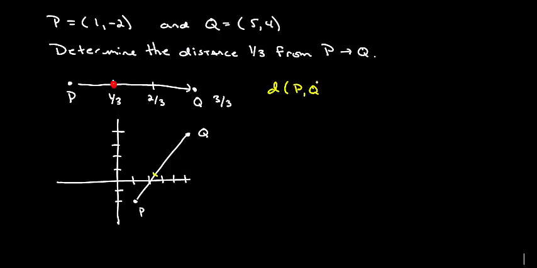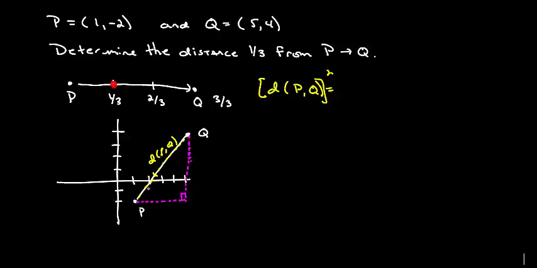Okay, so the distance between P and Q is given by, it's really the Pythagorean theorem, right? So if you take the distance between P and Q, which is this white line, I'm going to dot it yellow here, we'll call that the distance between P and Q. If you square that distance, and I create a right triangle by dropping down and over, I can tell how far each of these guys are, right?